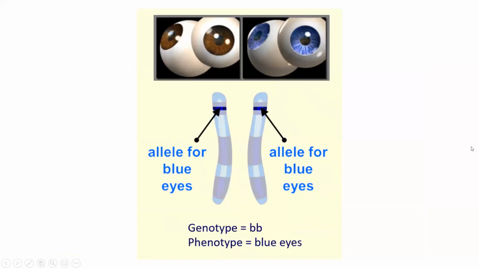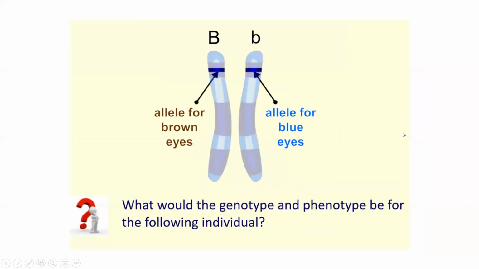Where it gets more complicated is when we have somebody who has both alleles. This person received the allele for brown eyes from their mum and blue eyes from their dad. So pause the video and think: what is their genotype and what is their phenotype?